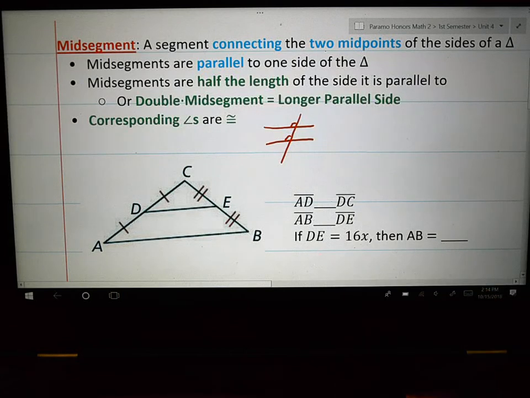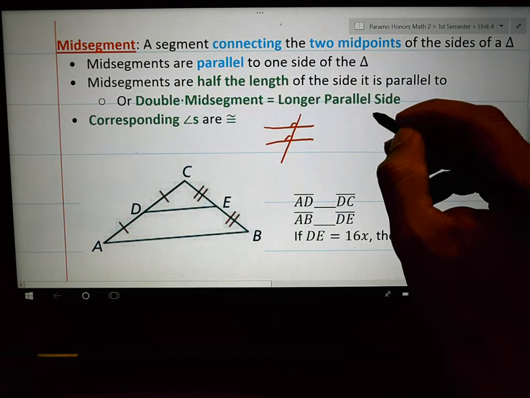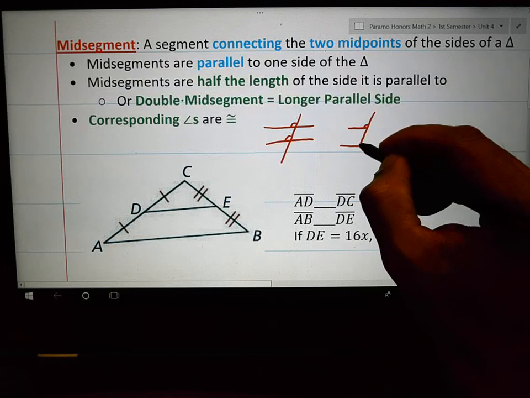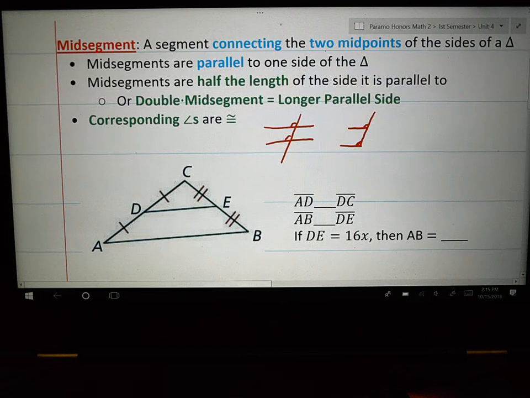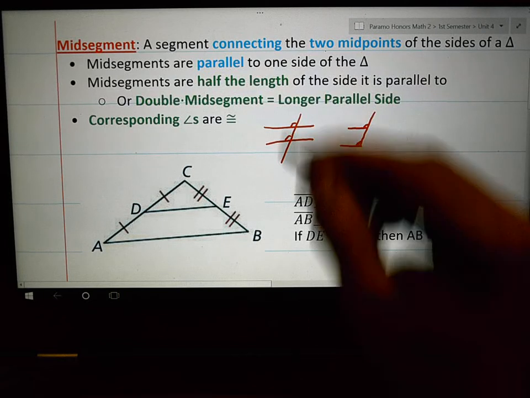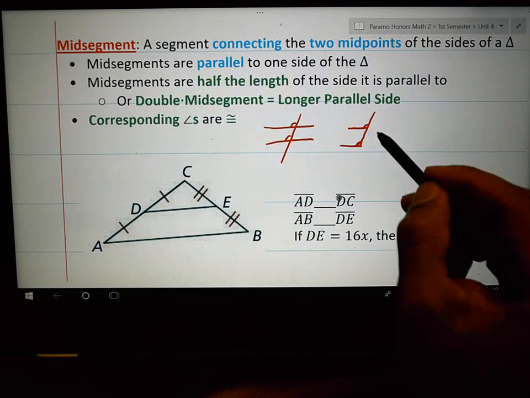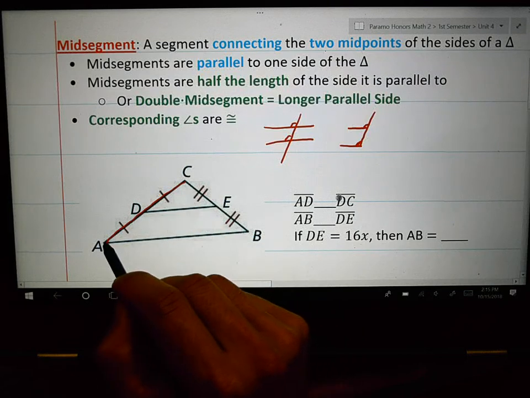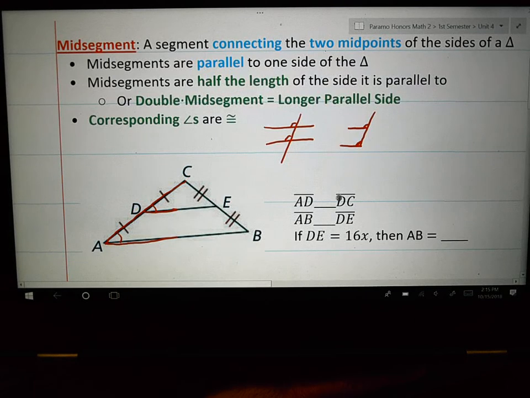What I told my regular Math 2 kids is that it looks like the letter F. Sometimes the letter F looks like this, upside down, but the angles on the inside of the F are always going to be congruent to each other. That's going to come into play with problems like this as well, because they're parallel to each other, and you're going to see maybe the letter F this way. I hope that makes sense to you.